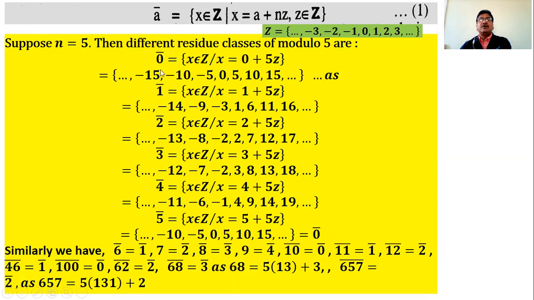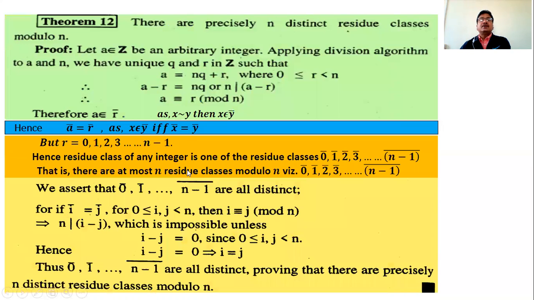If you find 68 bar, then it is 3 bar. Here we give the same proof for n: the residue class of any element from Z is one of these n residue classes.